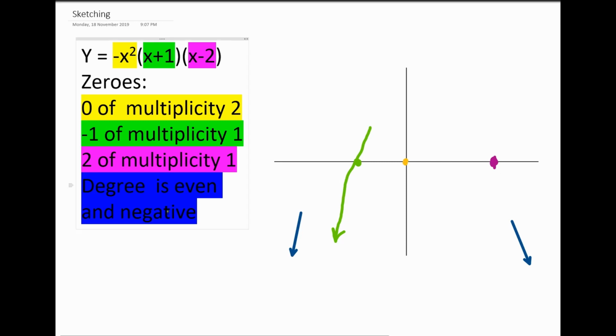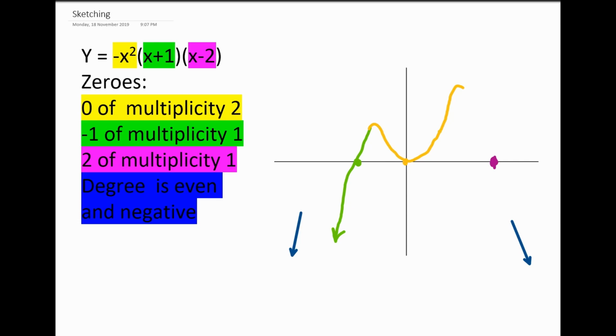It just crossed that particular green point because it has a multiplicity of 1. Then the next one is the zero of multiplicity 2. We know that the yellow dot has a multiplicity of 2, and if we have an even multiplicity, then the graph tends to bounce on that particular point. So it just bounces on that point.